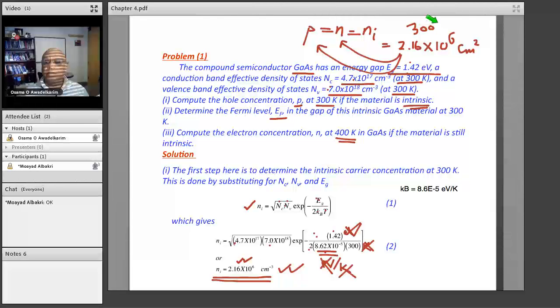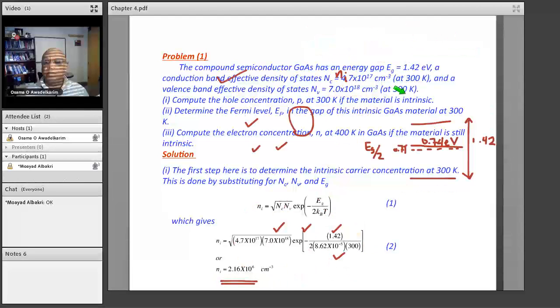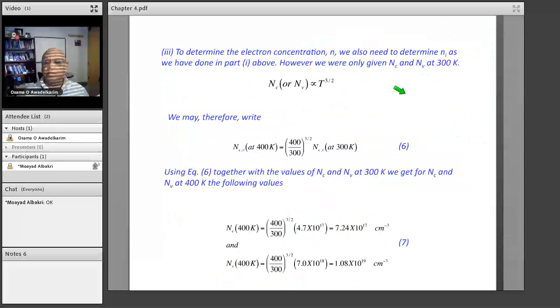Now, the question that we're asked is to find this concentration at 400 Kelvin. So essentially, we should go back and put NC, NV, EG, but we have NV and NC at 300 Kelvin. So we have to go back and use the expressions for NC and NV and see if we can produce NV and NC at 400.